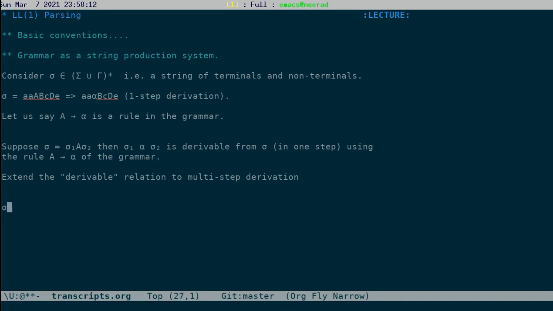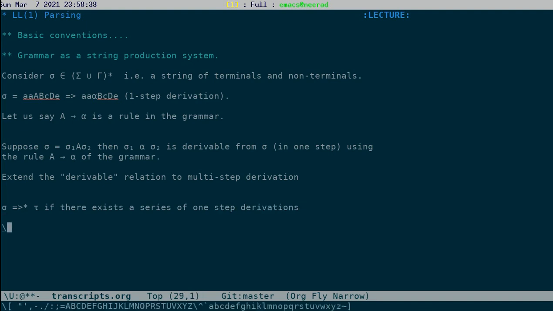Say sigma in multiple steps derives tau if there is a series of one-step derivations: sigma equal to sigma 0, which derives sigma 1, etc., sigma n is tau.